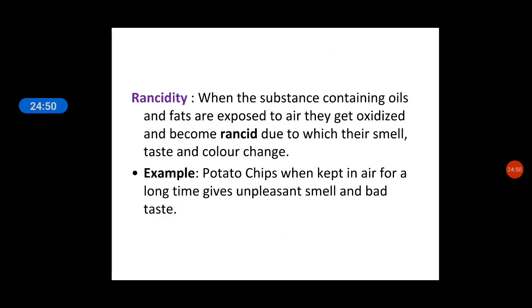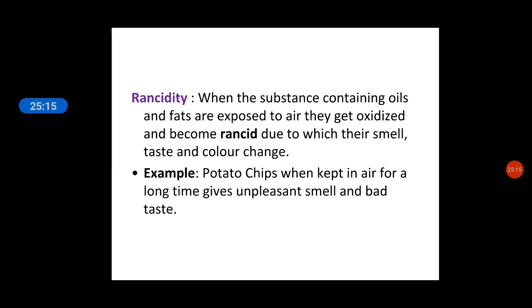Now let's come to rancidity. The simple thing is, when substances containing oil and fats are exposed to air, they get oxidized and become rancid, due to which there is a change in smell, taste and color.